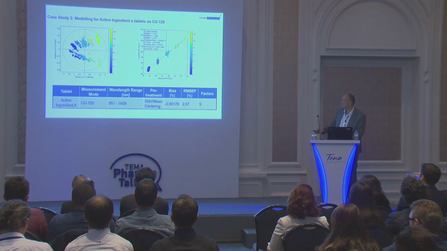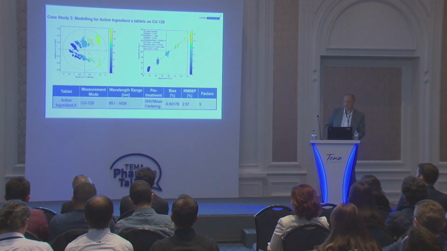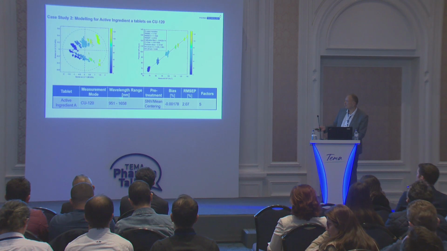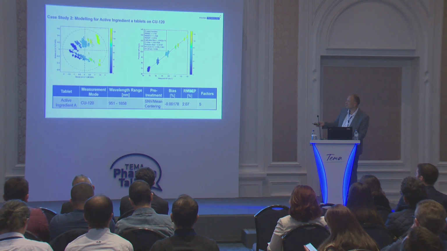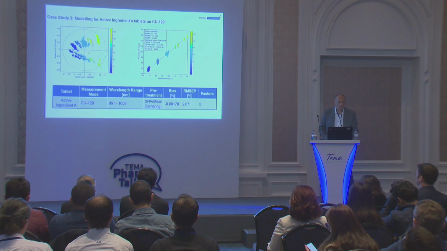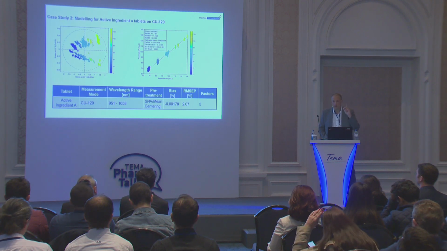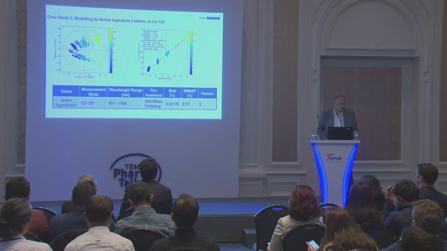And here in the table, I just summarized the most important for you. So wavelength range, the pre-treatment, and here the most important, the RMSEP, the root mean square of prediction, was 2.07%. Please keep in mind, this includes the prediction error of the lab spectrometer, where we get the supply of the reference data.